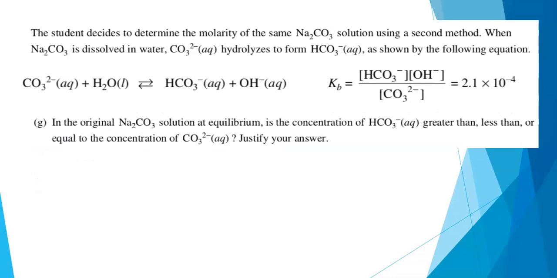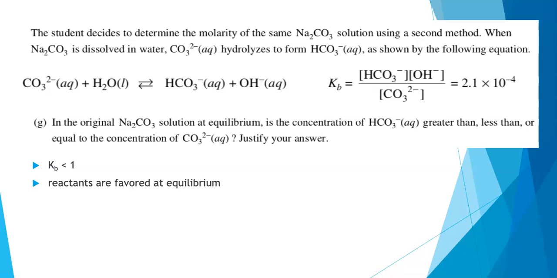In the original sodium carbonate solution at equilibrium, is the concentration of hydrogen carbonate ion greater than, less than, or equal to the concentration of carbonate? Justify your answer. Remember, justify your answer always means use math-based reasoning. We need to look at the Kb value for this balanced equation. The equilibrium constant is less than 1, which means reactants are favored.